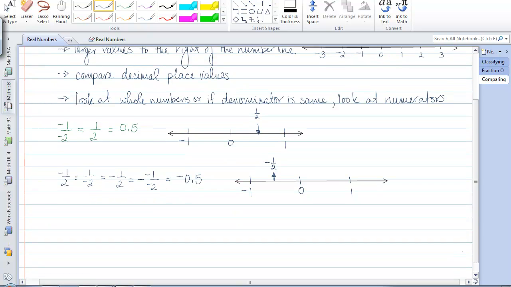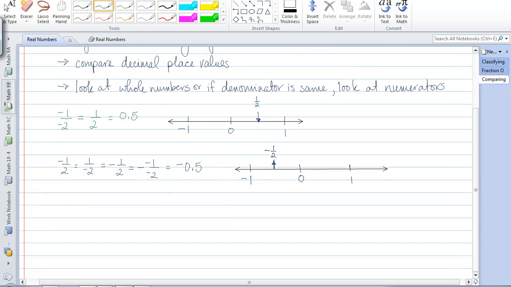Okay. And as with equivalent fractions that you guys have done lots of work with, to find equivalent fractions, you guys know that we multiply or divide both numerator and denominator by the same number.